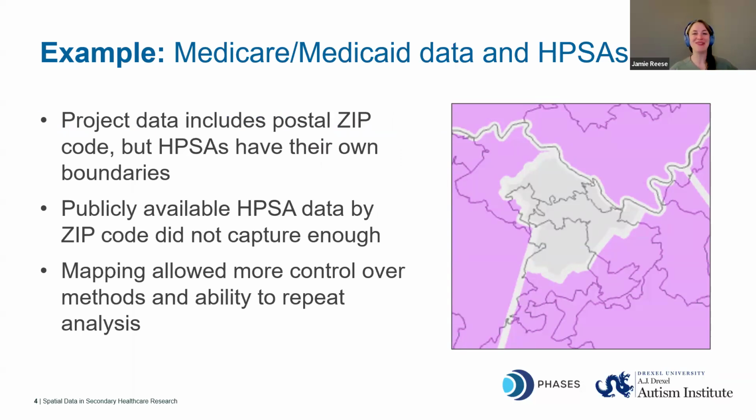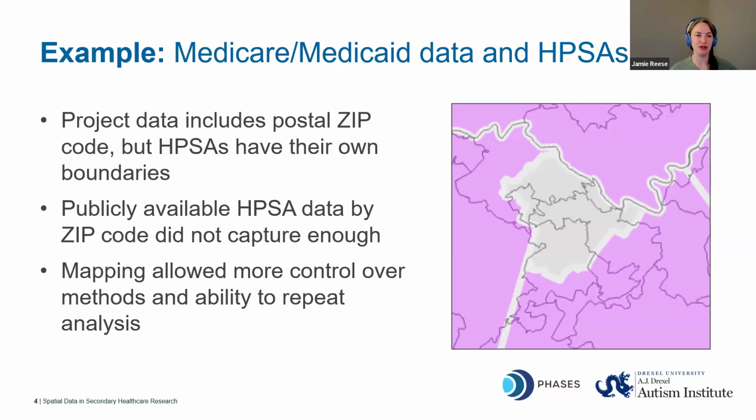But I used this example in our last webinar. This is one of those cases where I had mentioned working with Medicare and Medicaid data. We wanted to understand how the individuals in our data were distributed related to health professional shortage areas, which is a designation by HRSA.